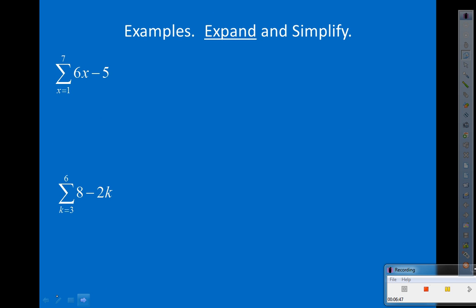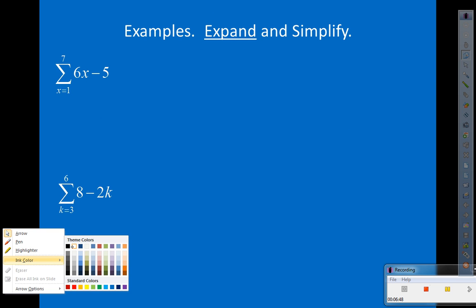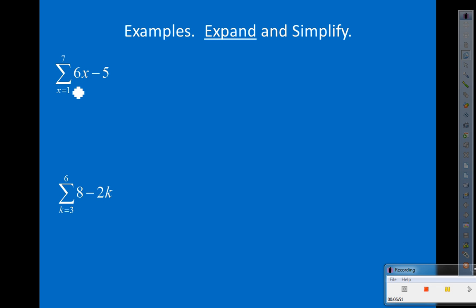Of course, I got more examples for you. On this one, it may be a hassle, but here's what it would look like. I'm going to use the numbers 1 through 7. So I'm going to use a 1, a 2, a 3, a 4, 5, 6, and 7. I'm going to plug all of those in. So it's tedious, but I'm going to plug in a 1 and get 6 times 1 is 6 minus 5 is 1.